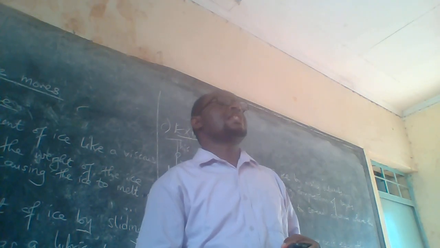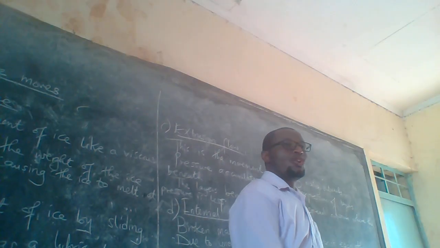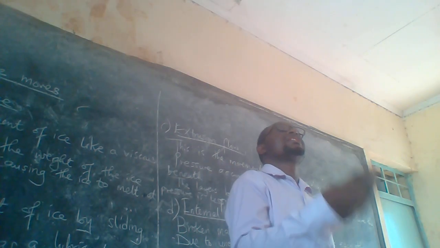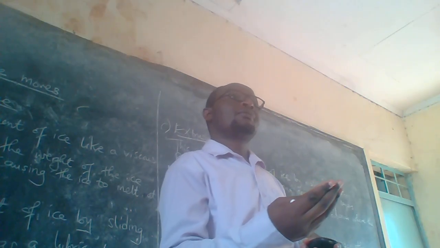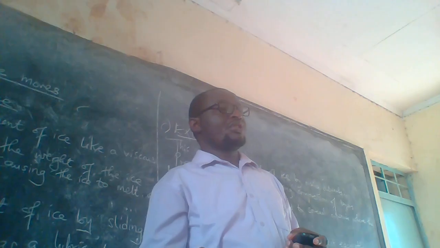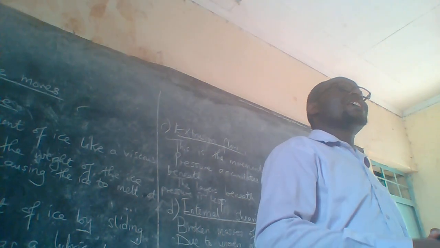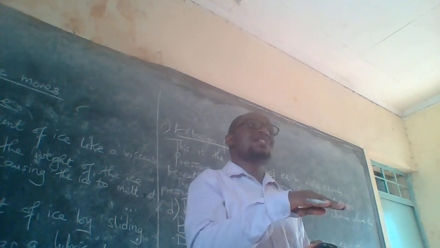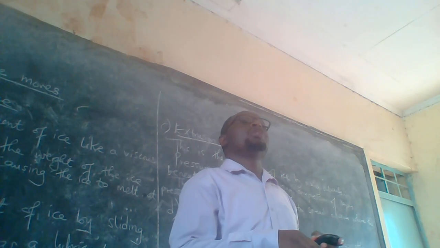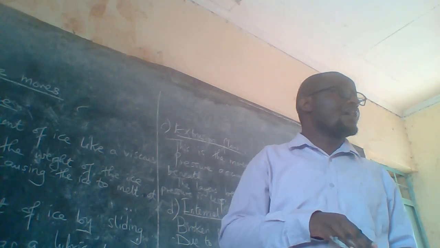Also, we can say that the base or the floor or the underlying rock would have different texture, right? Some part would be smooth, other would be rough. So on the smooth surface of the underlying rock, the ice on that side will flow or move faster, right?